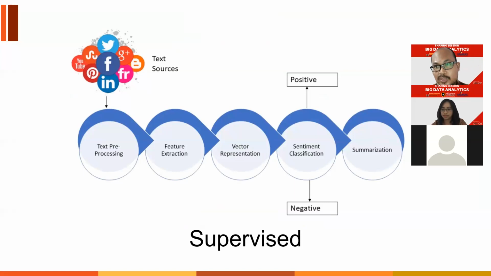You need the right method to select the features. The most popular methods are count vectorization, TF-IDF, and many other techniques used for features. There is one focused study on feature extraction, and a huge amount of research going on there. Then we have vector representation, and after that sentiment classification, just to identify whether the text is positive or negative, and we try to summarize all the results. This is more like supervised training.